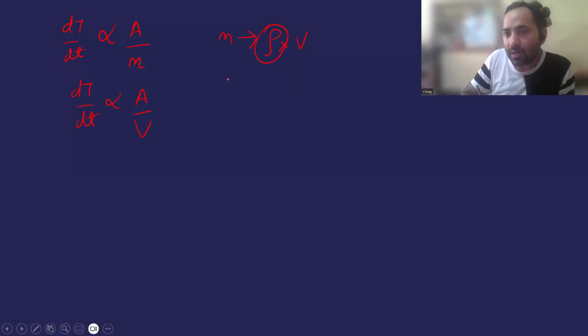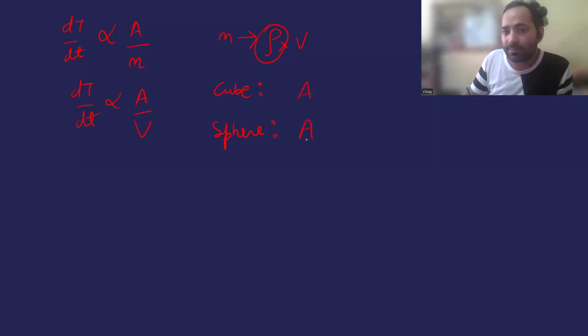Now, some information is given in the question. For example, cube and sphere have the same surface area. If the surface area is the same, try to find the relation between the side length of the cube and the diameter of the sphere. What is the surface area of the cube? Six faces are there, so 6a².